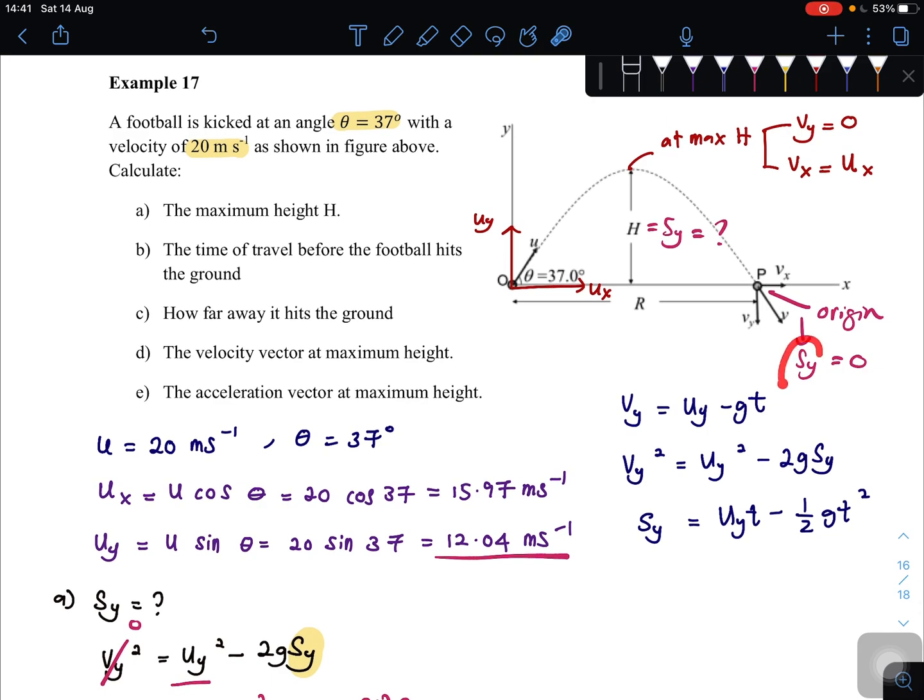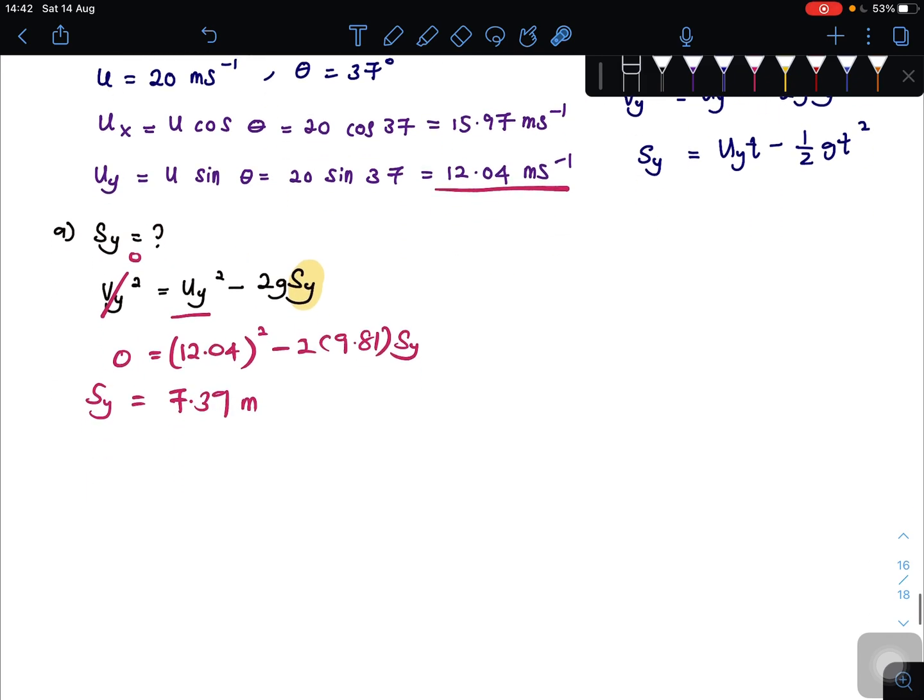Sebab dia adalah y component. We want to find the y component. So kalau dia ngam-ngam dekat sini, we don't have the value for y component. We only have the value for x component. Ni adalah x. So y component dia adalah macam ni kan. But actually, dia adalah refer kepada initial point. So we don't have that y component. So y component dekat origin, dekat sini, adalah sama dengan kosong.